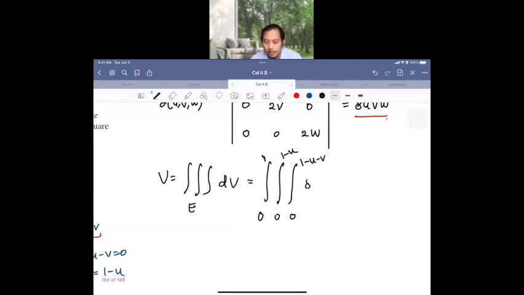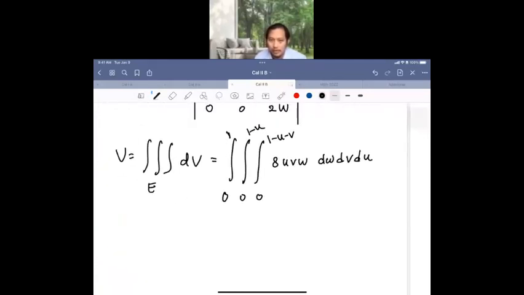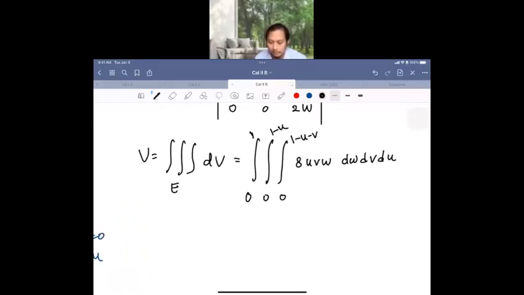And the Jacobian is 8uvw. So slowly we could start with w.